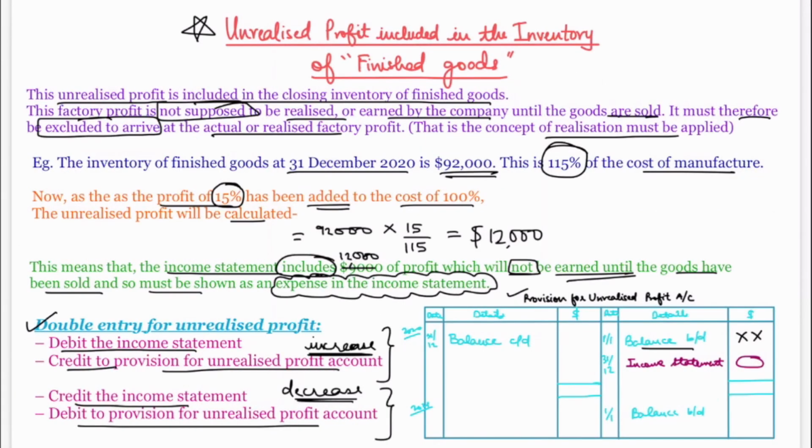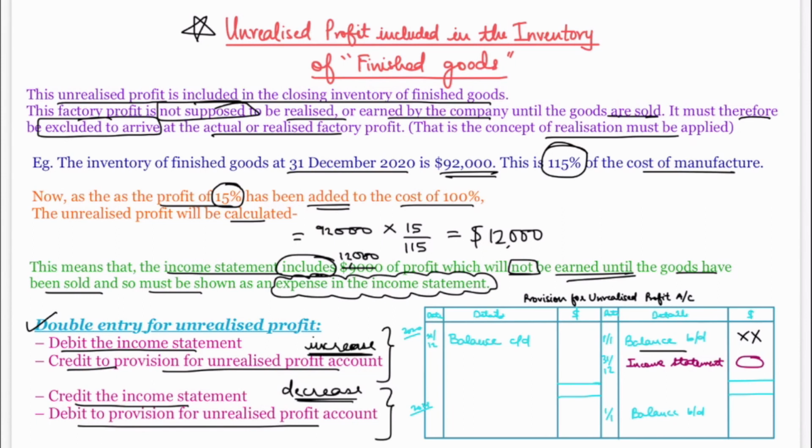Now let's see the format for the provision for unrealized profit account. Here you start with the balance brought down, that is the opening of the provision for unrealized profit account, so that will be 12,000 over here. Then the balance carried down. In future years, it will be necessary to adjust this provision for unrealized profit for the increase or decrease of the closing inventories.